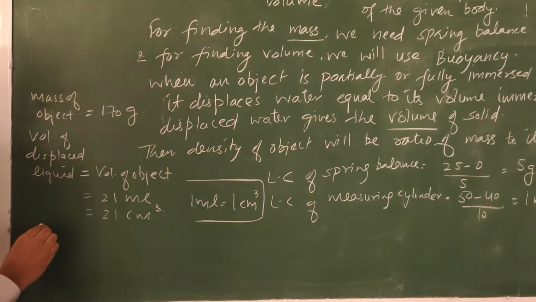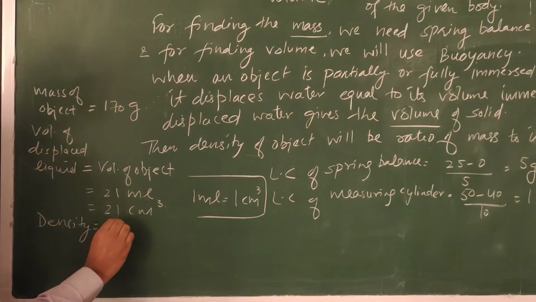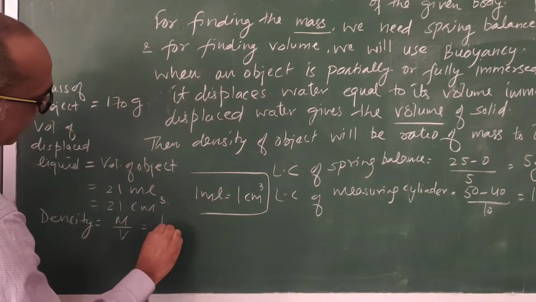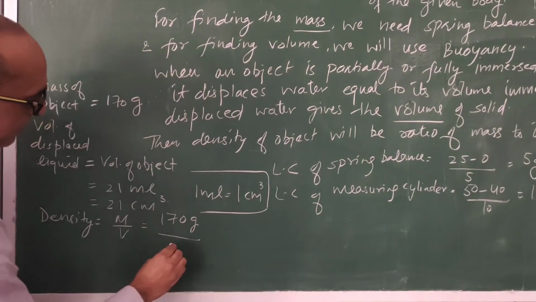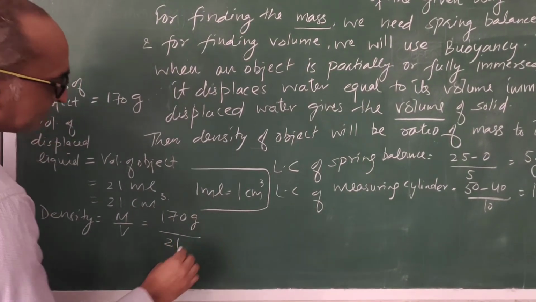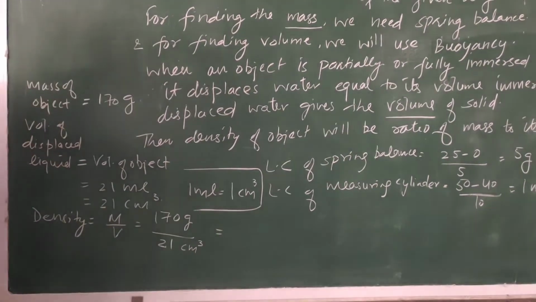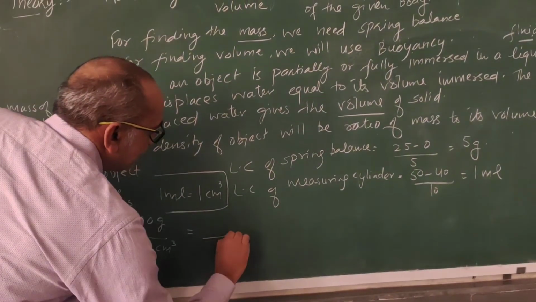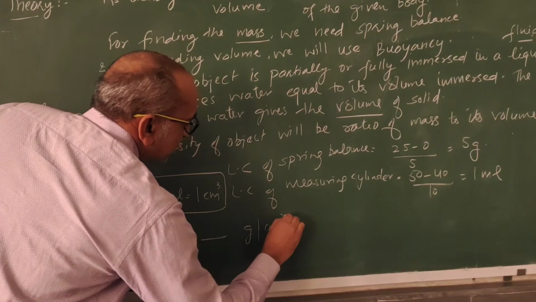Now we are ready to find the density. It is mass upon volume. Mass was 170 gram. Volume is 21 centimeter cube. Calculate it, and you are going to find the density in gram per centimeter cube.